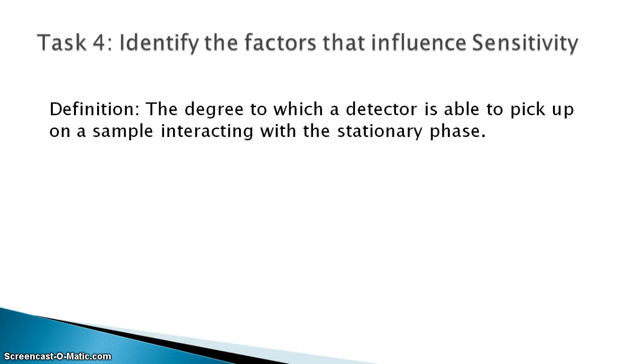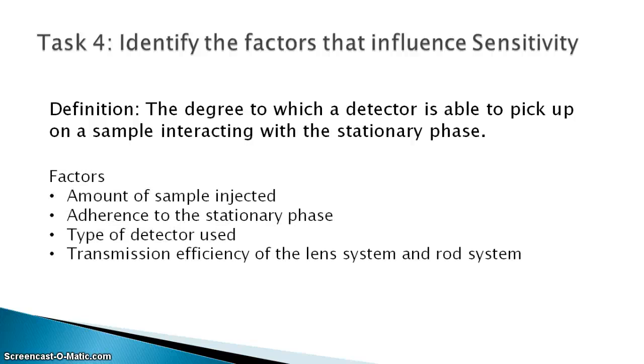So finally, the last learning objective is to identify the factors that influence sensitivity. Basically, sensitivity is the degree to which a detector is able to pick up on a sample interacting with the stationary phase. Factors that could influence it include the amount of sample injected.